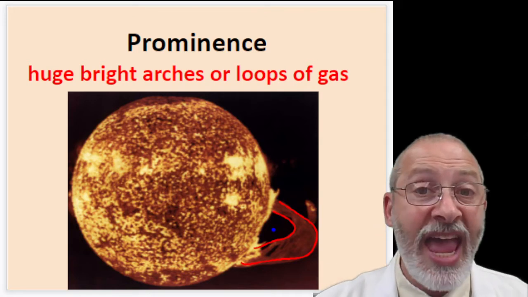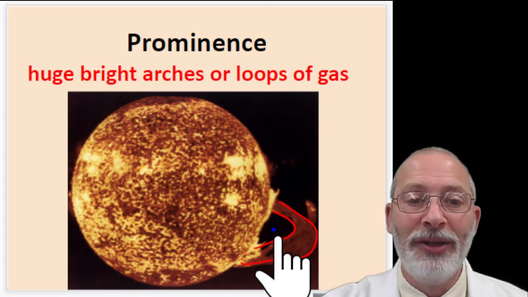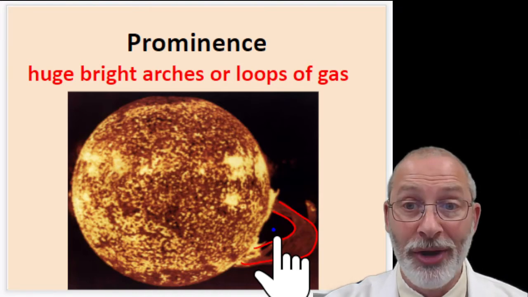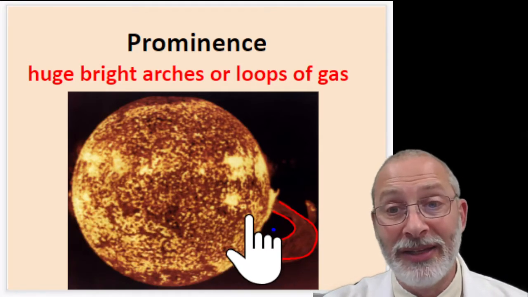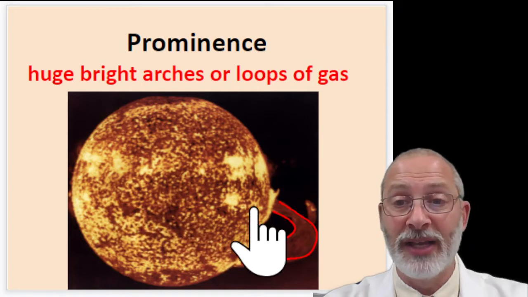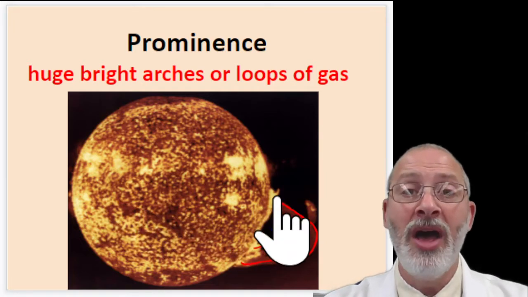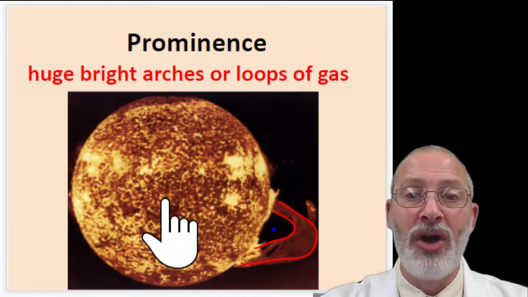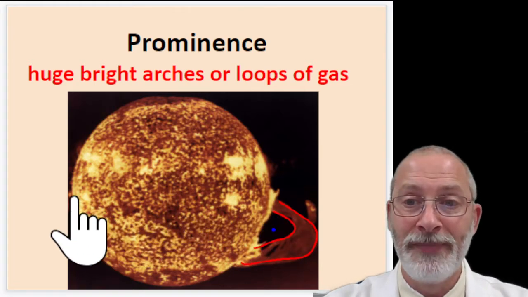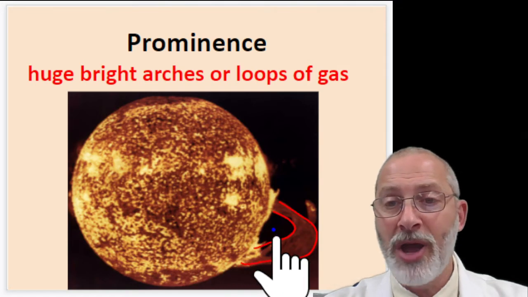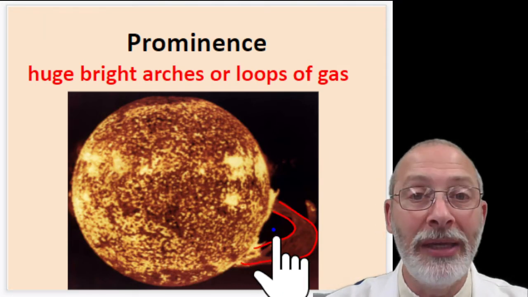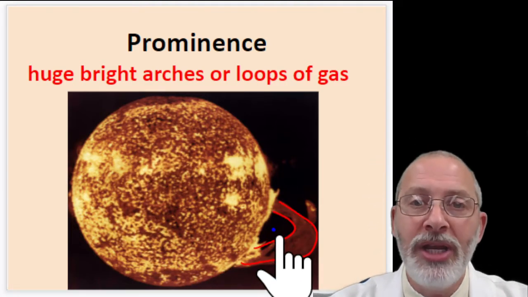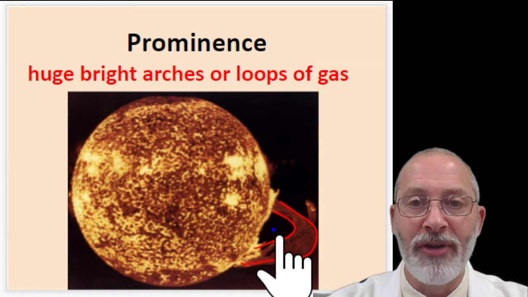And for scale, I added a little blue dot, which is about the size of planet Earth relative to the size of the sun. In fact, you can fit 100 Earths side by side along the diameter of the sun. So this Earth is probably maybe even a little too big relative to the size of the sun here. But I put it here to give you a scale of reference.